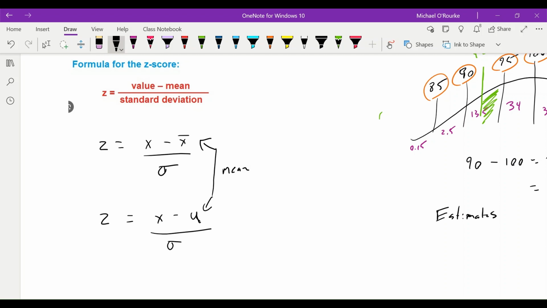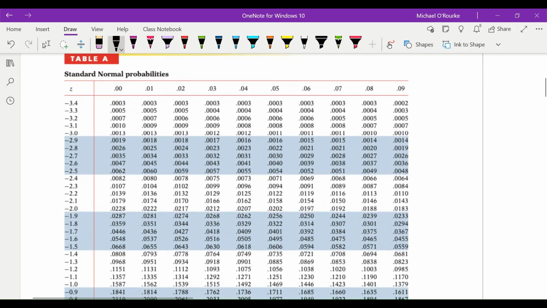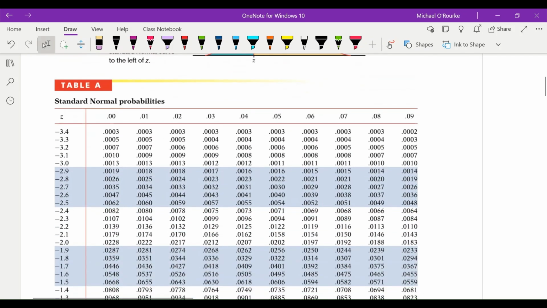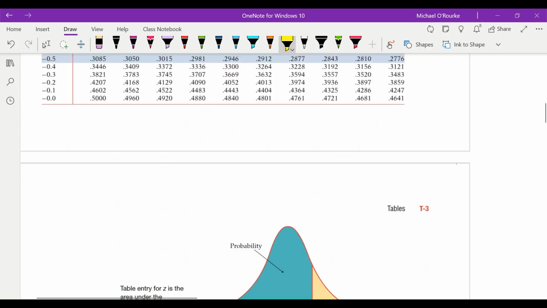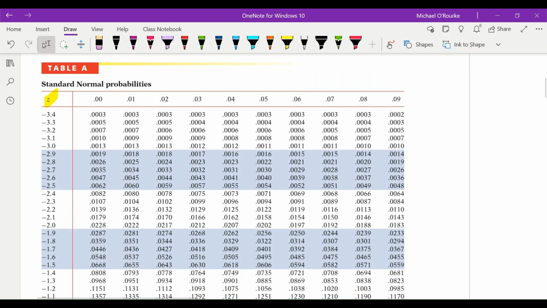In D2L, in the table where you're watching this video, there's also a z-score table. Okay, the z-score table is going to look like this. It has all these numbers at the side. These are your z-scores down the side here, and then the percentages that apply to it are to the right.